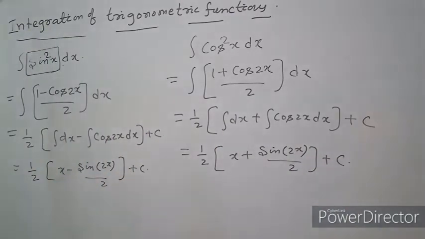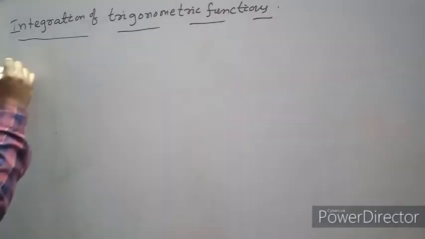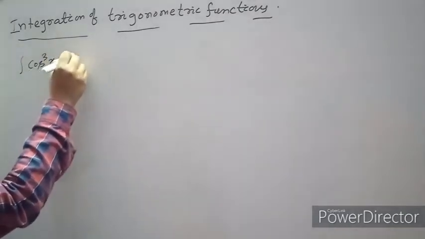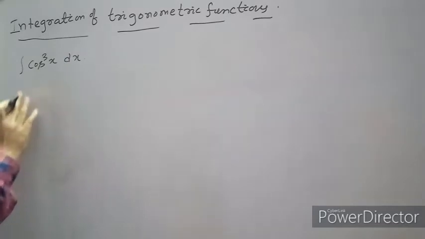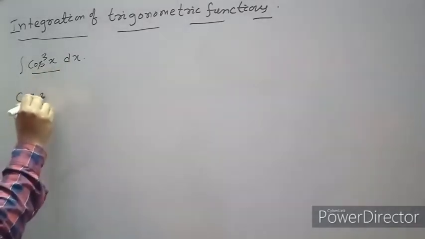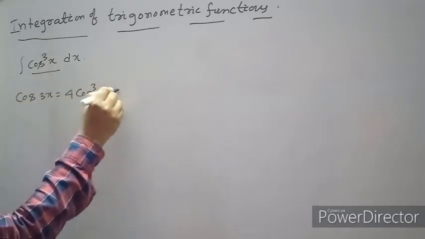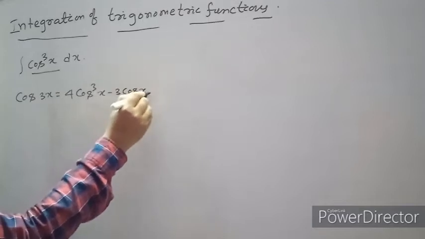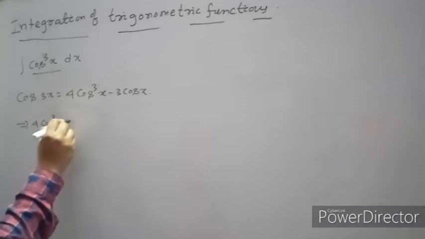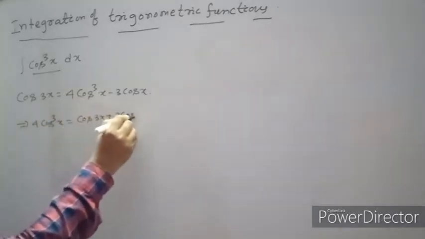Now come to the next integration, say cos cube x dx. In this case, you have so many things you can do. Instead of cos cube x, cos 3x is 4 cos cube x minus 3 cos x. So 4 cos cube x would be cos 3x plus 3 cos x.